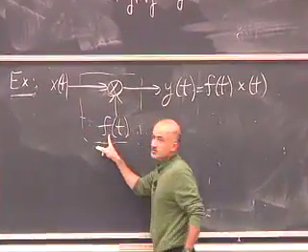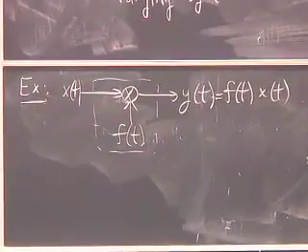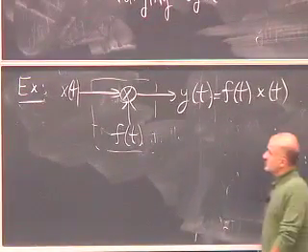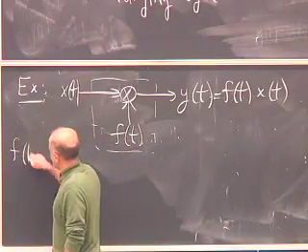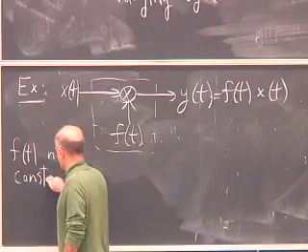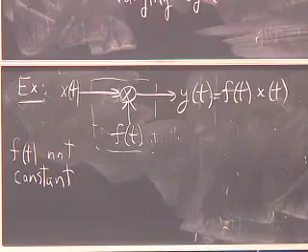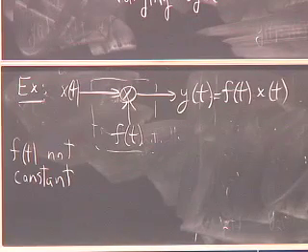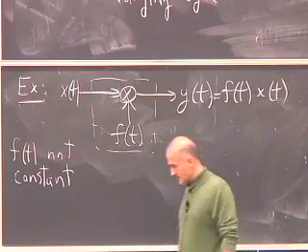Whether this signal f is a cosine or not doesn't matter. All I'm going to say is that f of t is not constant. Think about the case where f is constant also. So is this system time invariant? Talk to your neighbors.